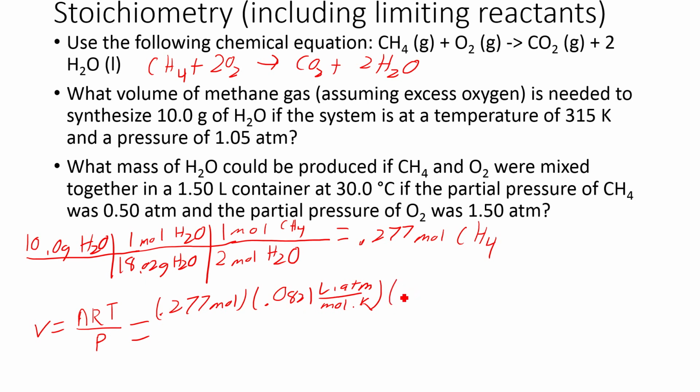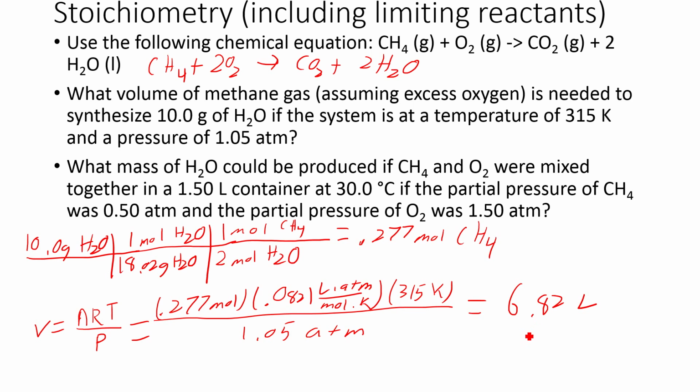We then have a temperature of 315 Kelvin. And we've got a pressure of 1.05 atmospheres. So this is going to tell us how much volume we need. 0.277 times 0.0821 times 315 divided by 1.05. So from there we get that we would need to add 6.82 liters of methane.